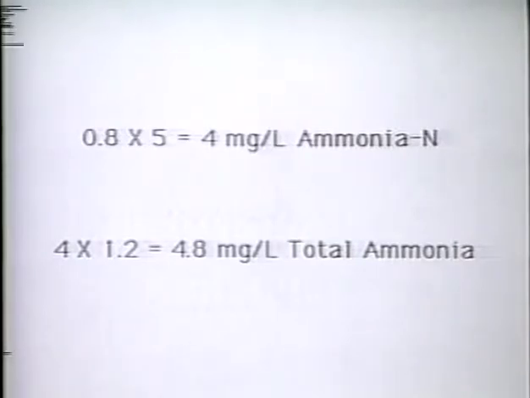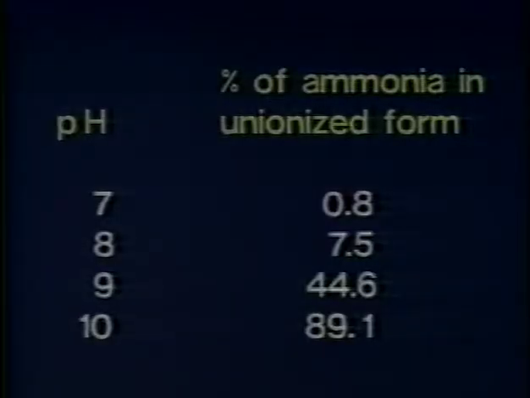In our example, 4 times 1.2 equals 4.8 milligrams per liter total ammonia. The toxic form of ammonia, or the unionized, should be calculated using temperature and pH. This procedure involves using a chart as described in tape 2 of this series.